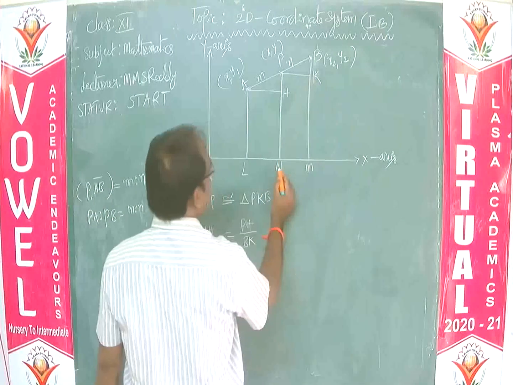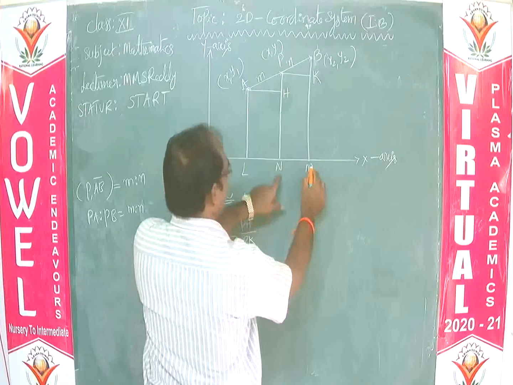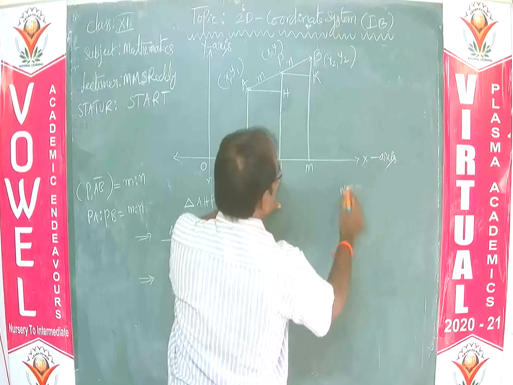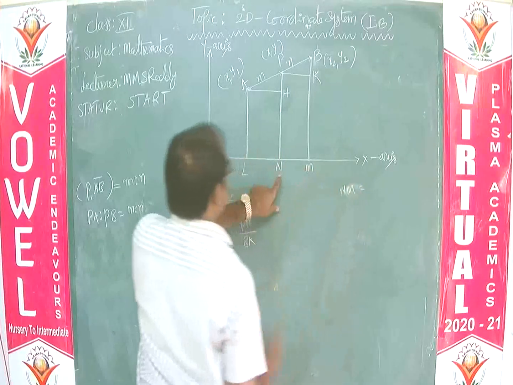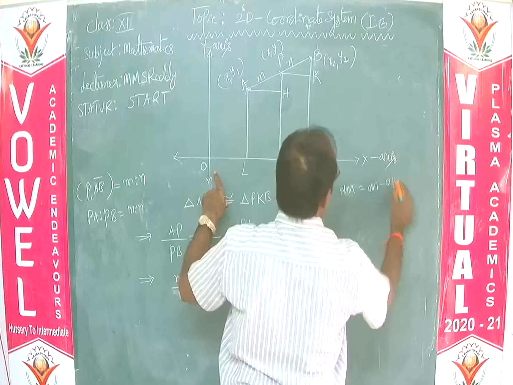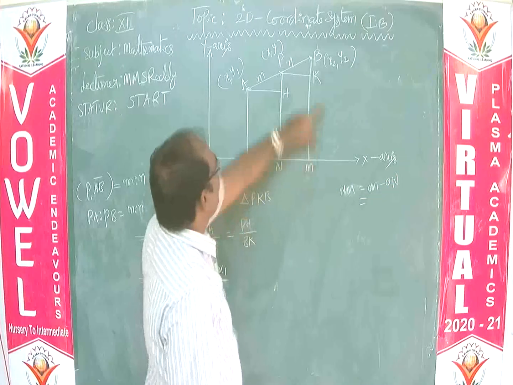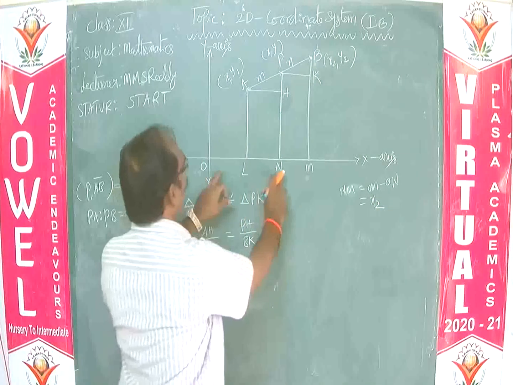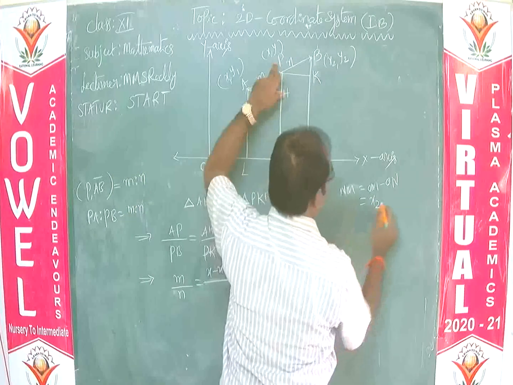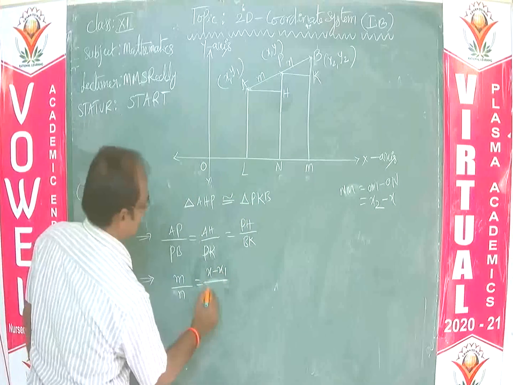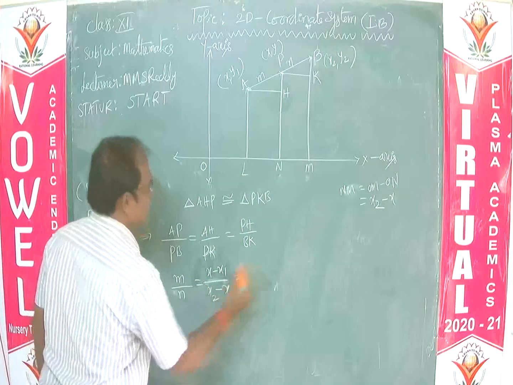PK is nothing but NM, which can be written as OM minus ON. OM is the x coordinate of B, ON is the x coordinate of P, x. So that x minus x1 by x2 minus x.